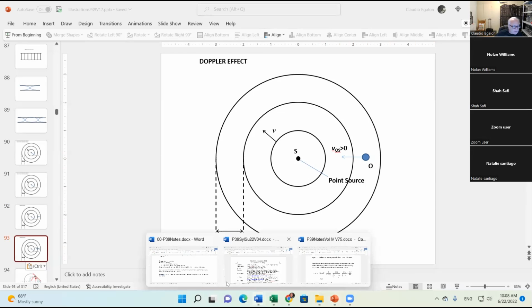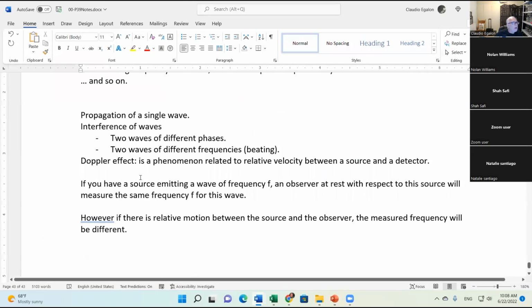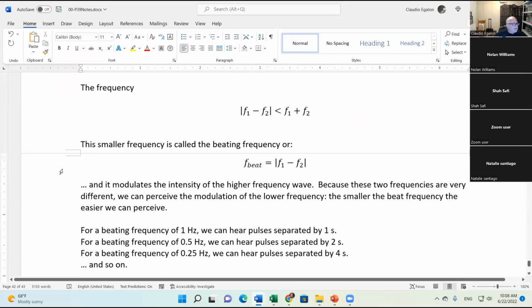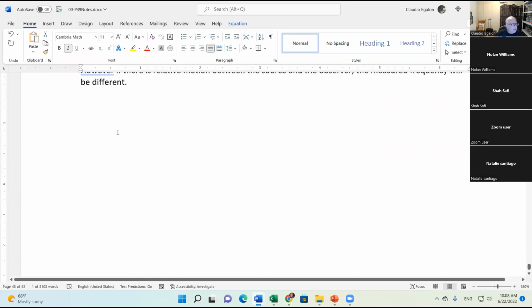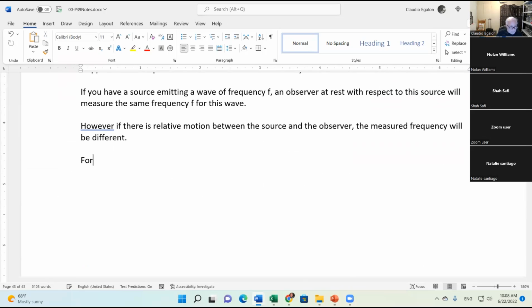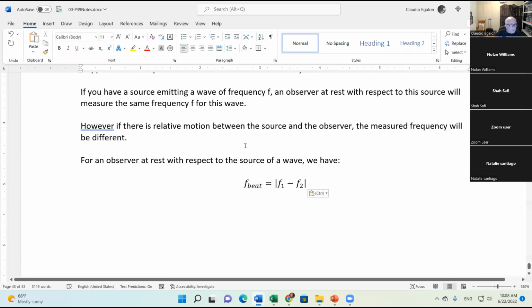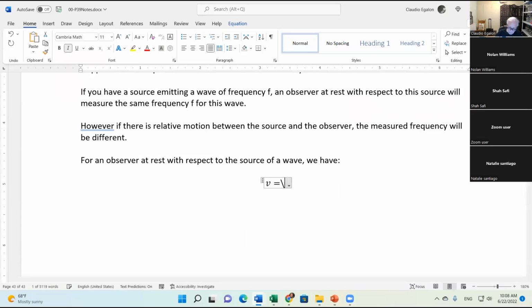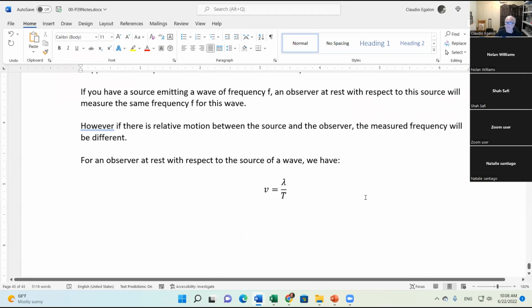Let's do the math here for you to understand. Here you go. We have that relationship. For an observer at rest with respect to the source of a wave, we have v is equal to lambda divided by T, where T is the period.